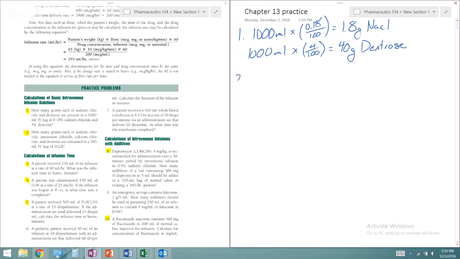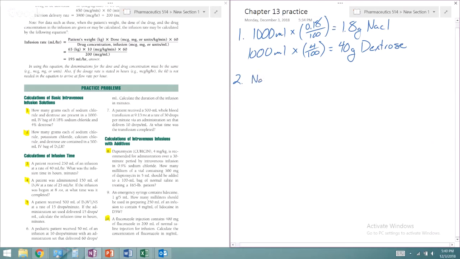Okay. Number two, how many grams each of sodium chloride, potassium chloride, calcium chloride, and dextrose are contained in a 500 milliliter IV bag of dextrose 5 lactate ringers? So D5W, which is your 5%, is your normal isotonic, and then your electrolytes.